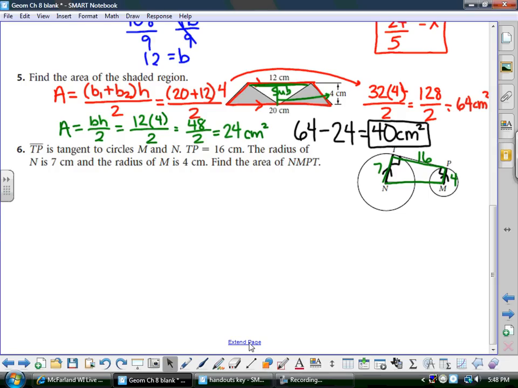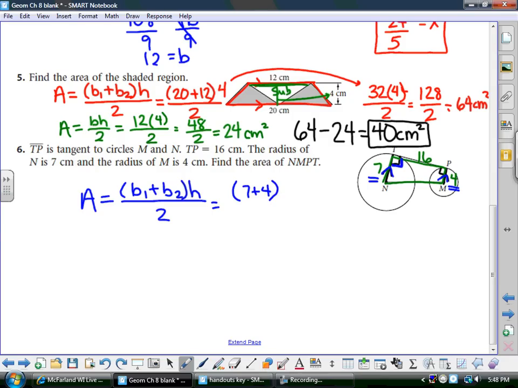Because that shape has one pair of parallel sides, that shape is a trapezoid. And I know that the area formula for a trapezoid is base plus base times height divided by 2. The bases are the two sides that are parallel, so the bases are 7 and 4.